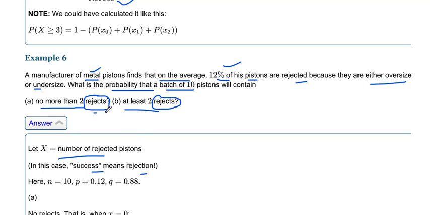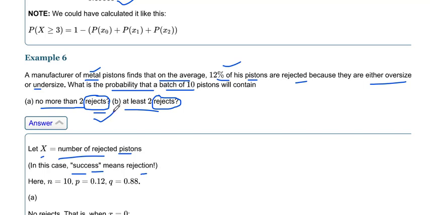In all our previous examples success meant the success, but here we have to swap: success means rejection, because they have asked for the probability of rejection, not success.